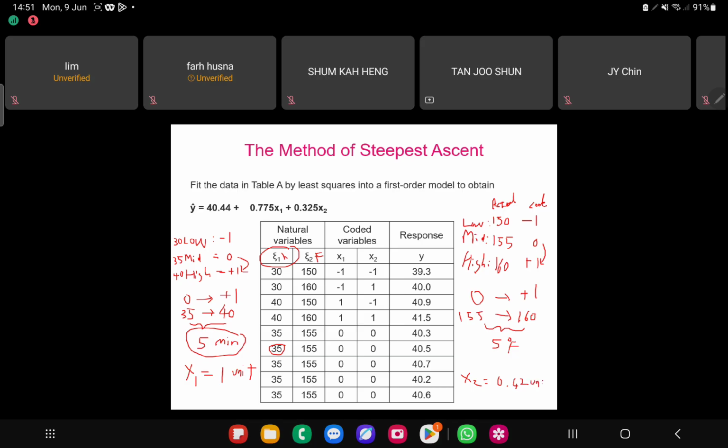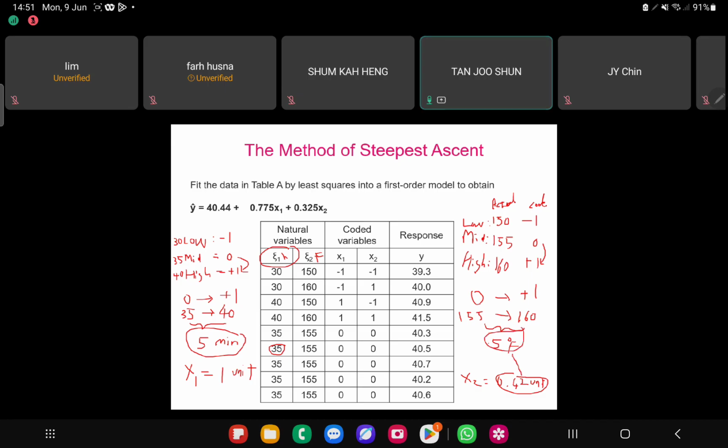Okay, so 5 Fahrenheit is 1 unit for x2. So 0.42 units, this one is 1 unit, this is 1 unit.